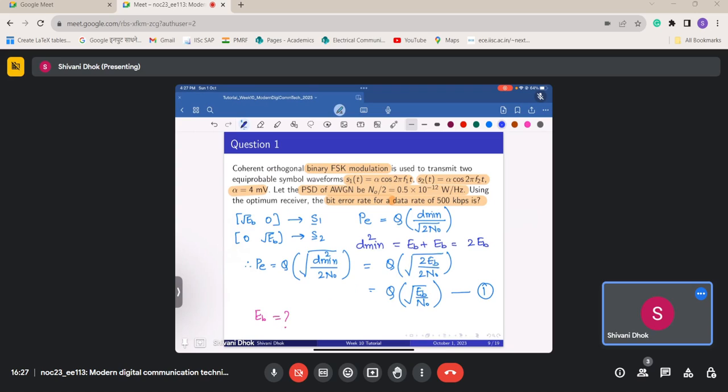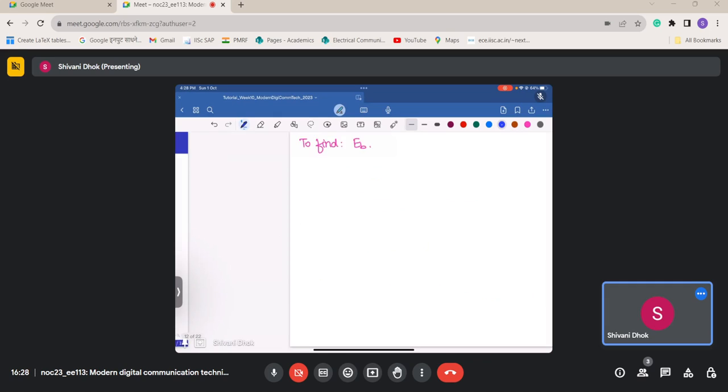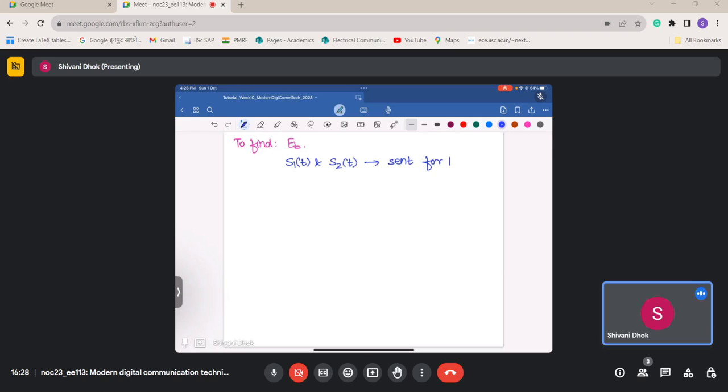And one more thing we should note is this S1(t) and S2(t) are sent only for one symbol duration.